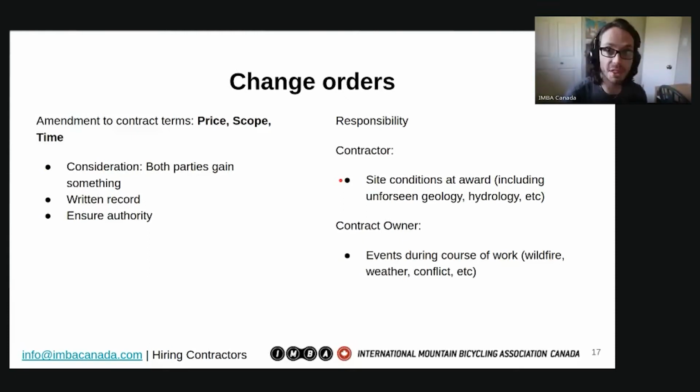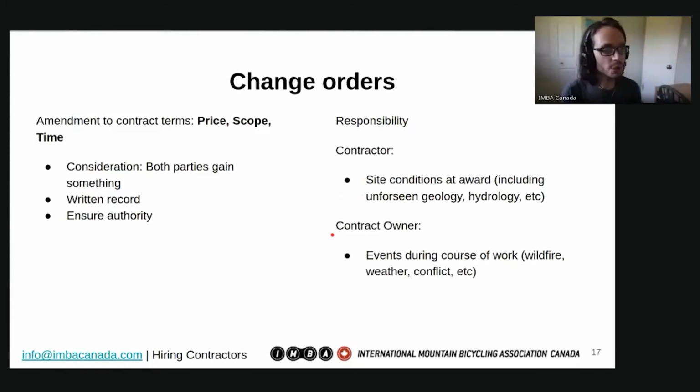And that's one of the things that's useful in making a mandatory site visit or awarding weight to site visits, because then you can ensure, hopefully, that they've done a good job of understanding exactly what they're going to be building in. They should be able to come up with a better price after having seen it.